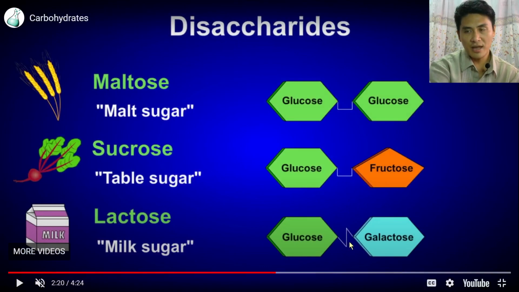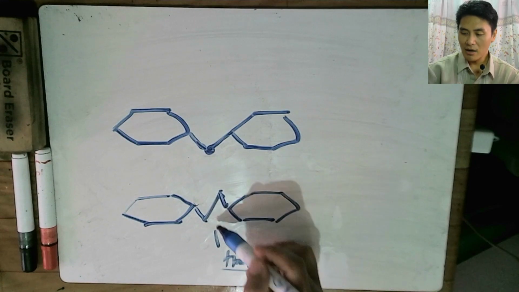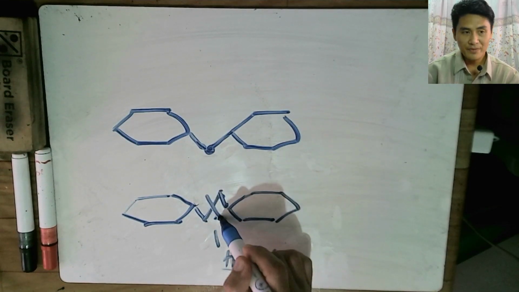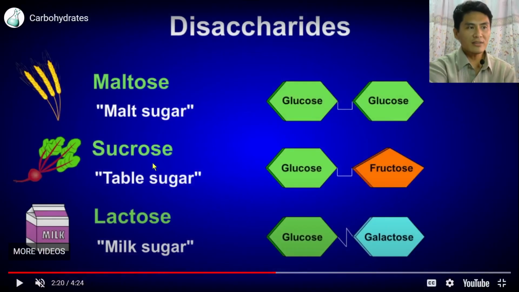The bond is different. And guess what? This bond, which is a trans bond, is much harder to break than this configuration here. So that's why when you have maltose, malt sugar, basically the one that you can find in malt products like beer, it's easy to break down. For sucrose, table sugar, it's easy to break down, but lactose is difficult to break down. That's why we need an enzyme for that, a lactase.